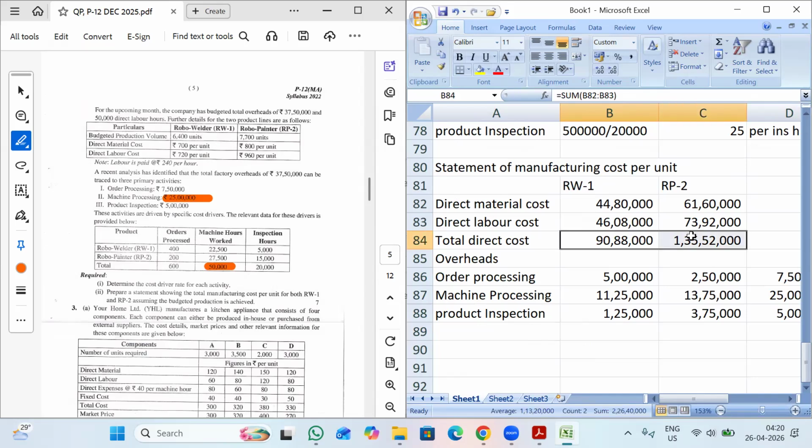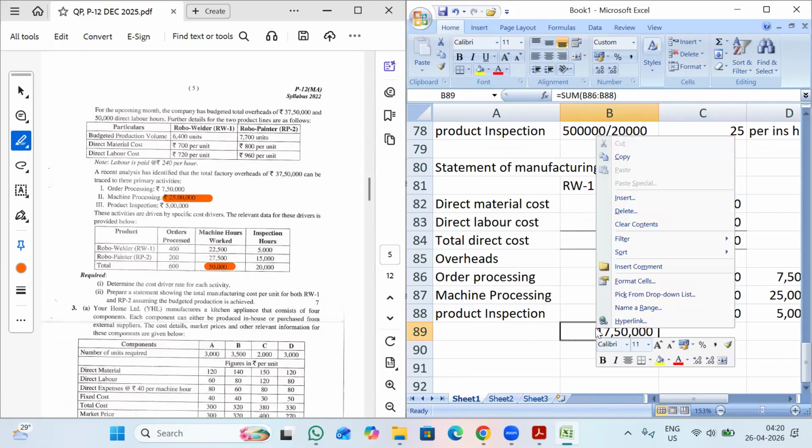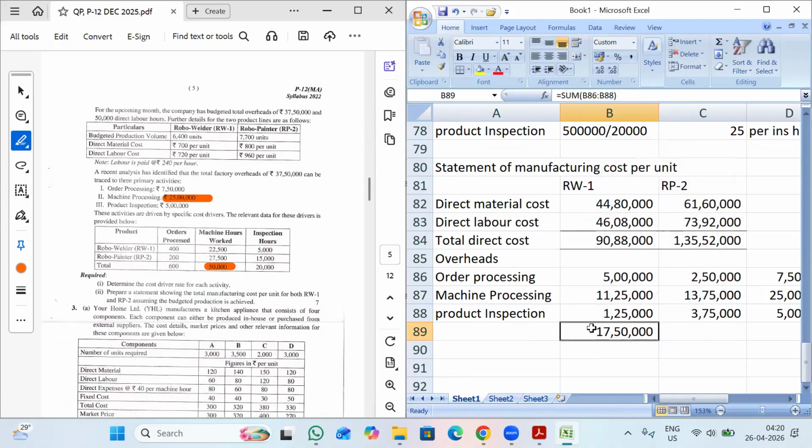So 17,50,000 as my overhead. So total overhead is 17 lakh 50,000 as well as 20 lakhs.